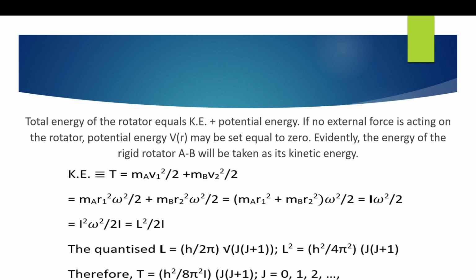So we have written the expression for kinetic energy: Ma V1 square over 2 plus Mb V2 square over 2. Replace V1 by R omega. So we get the expression kinetic energy equal to L square over 2I. Quantized L value is given here. Therefore, the kinetic energy term becomes h square upon 8 pi square I, J into J plus 1.